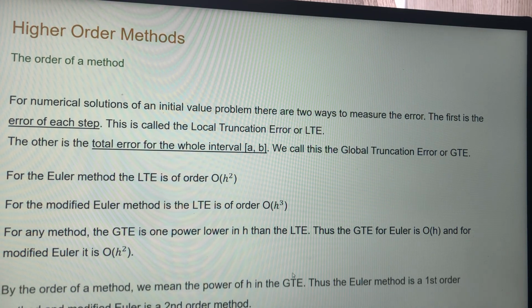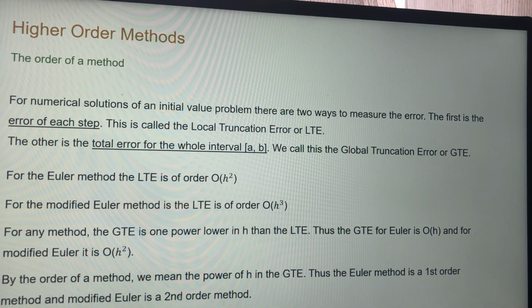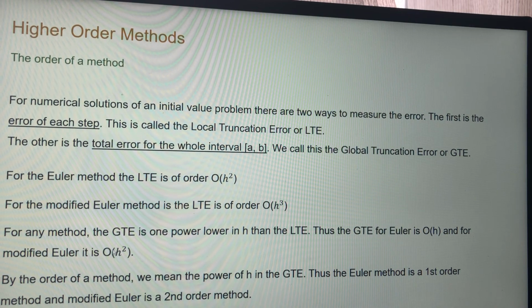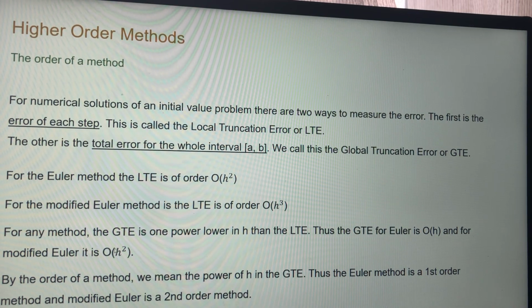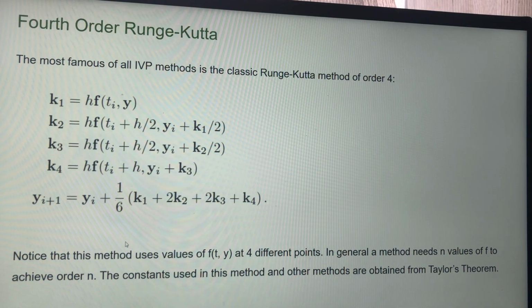That's why we are calling the Euler method first order, and the modified Euler method second order. We are talking according to the global truncation error. And this is the fourth order Runge-Kutta method, which means that the global truncation error for this method is O(h^4).